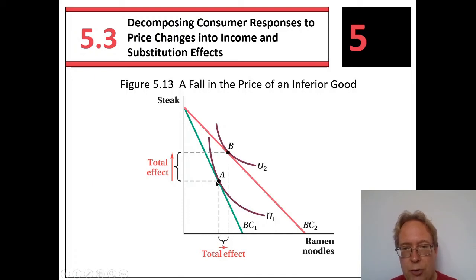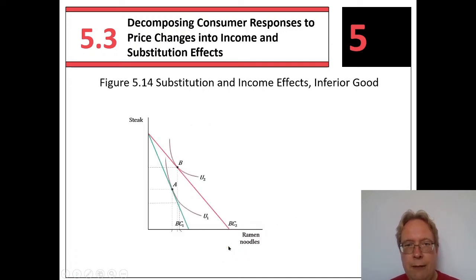How much noodles I consumed before and after the price change. Okay, there it is again. But now let's look at this substitution and income effect. Okay, so you know that we have to take the new budget line. We have to push it back in this case to your old indifference curve, and that gives us the consumption bundle you would have chosen without an income effect.